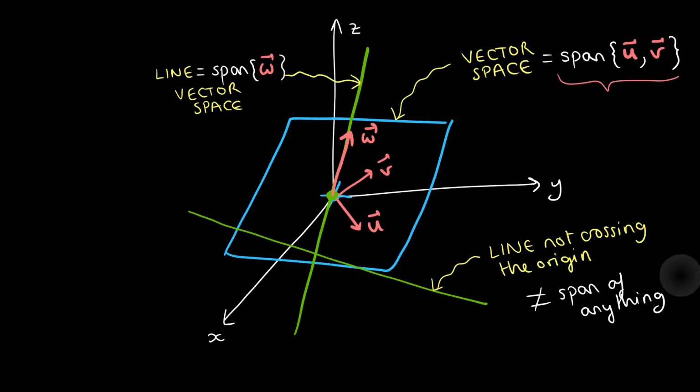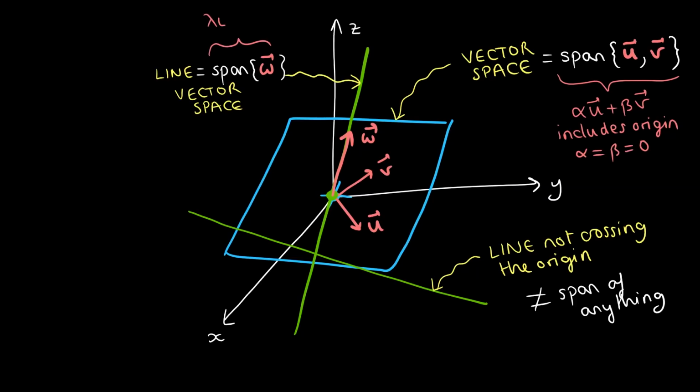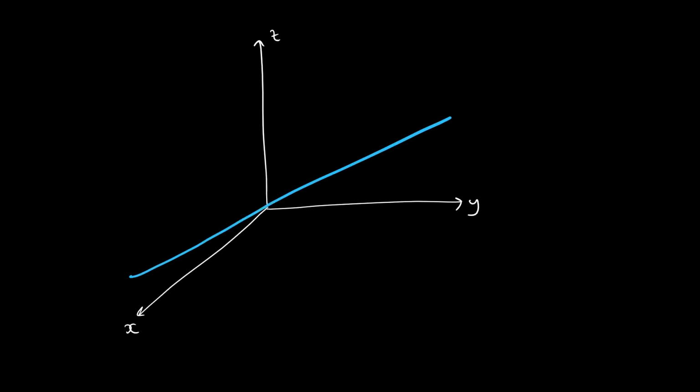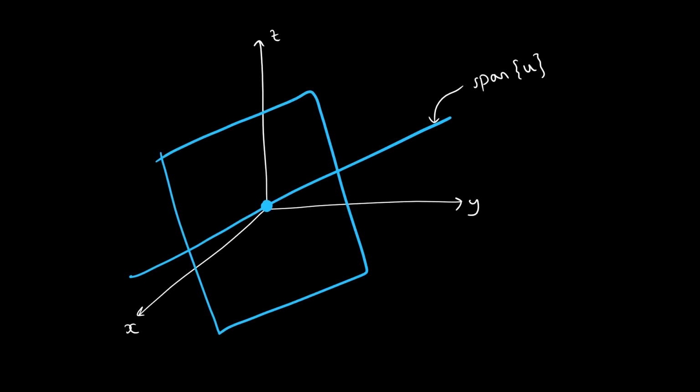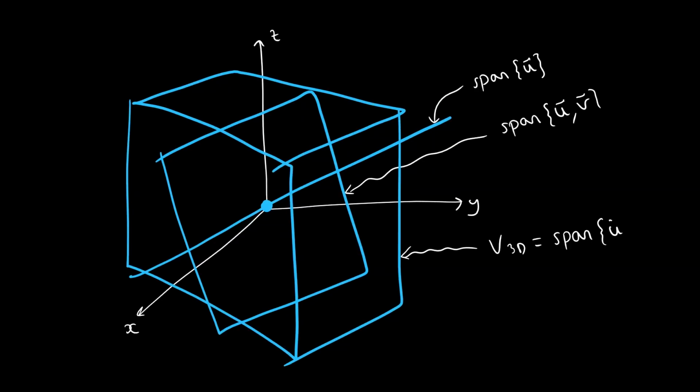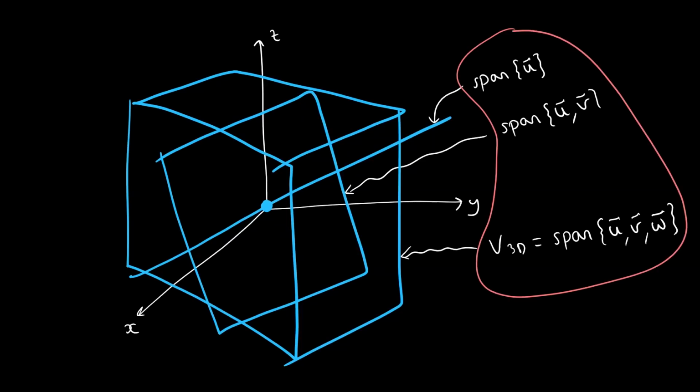The span of any set of vectors always includes the origin, because the linear combination can have all of its coefficients equal to 0. Any lines, planes, volumes, or higher dimensional entities which can be written as a span of vectors, and therefore which include the origin, can be considered as a vector space.